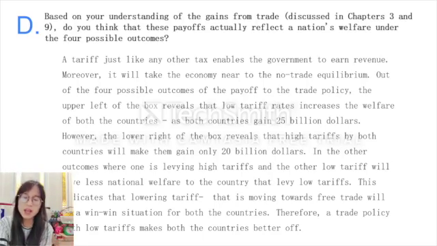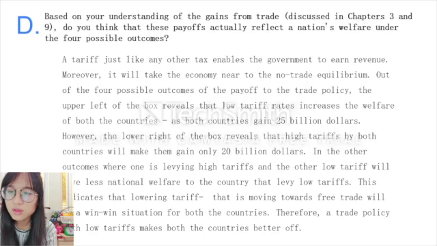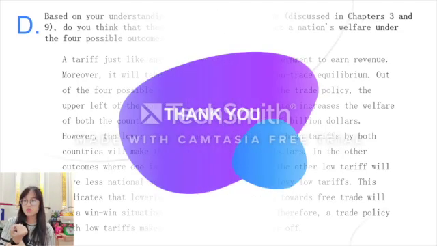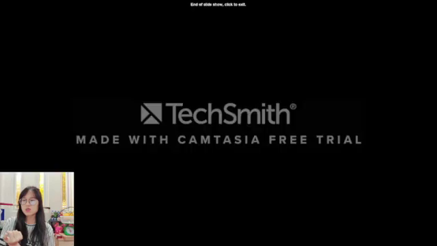This indicates that lowering tariffs and moving toward free trade will be a win-win situation for both countries. Therefore, a trade policy with low tariffs makes both countries better off.